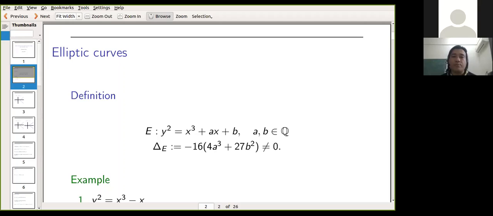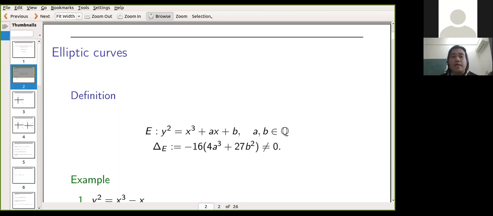We want to say that this number, minus 16 times (4a cubed plus 27b squared), should not be equal to 0. Whenever this happens, we say that E is an elliptic curve, and delta E is called the discriminant of the elliptic curve E.